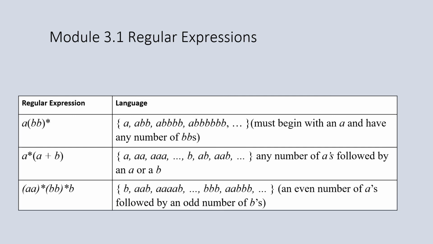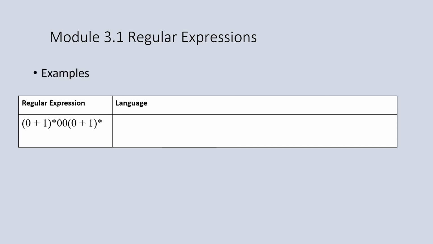So this is an even number of A's followed by an odd number of B's. Right? An even number of A's could be 0 A's and then 1 B, or it could be a bunch of A's as long as it's an even number of A's, and then an even number of B's, and then 1 B, which would make that an odd number of B's.